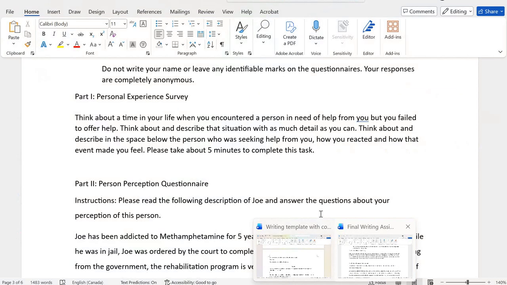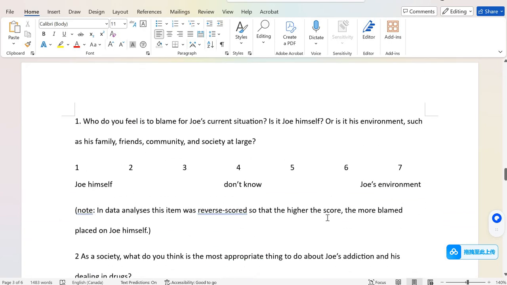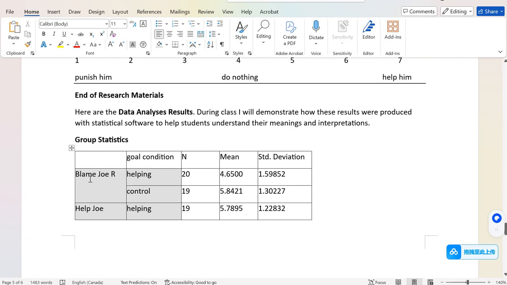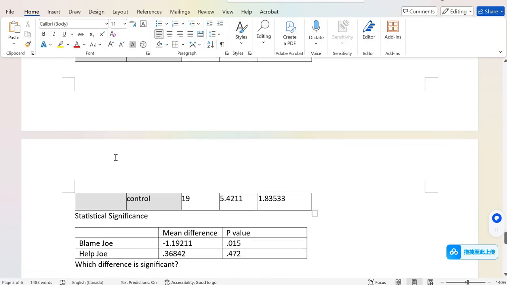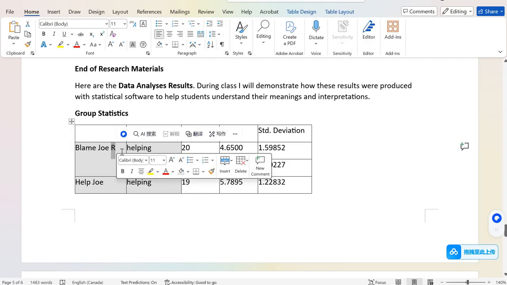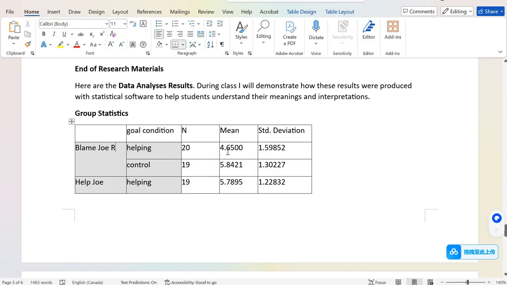Here you have the results of the group statistics. Blame Joe, blame. This is blame reading. Blame Joe, reverse score, means that the higher the value, the stronger the blame on Joe.